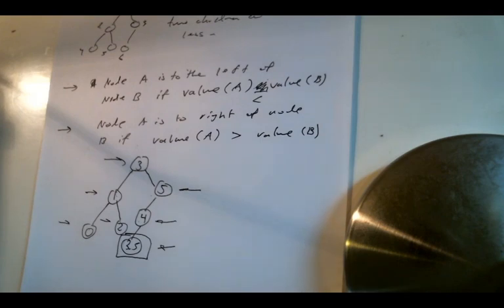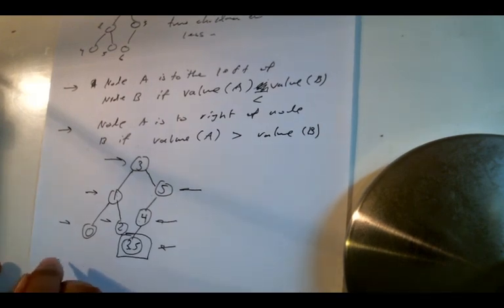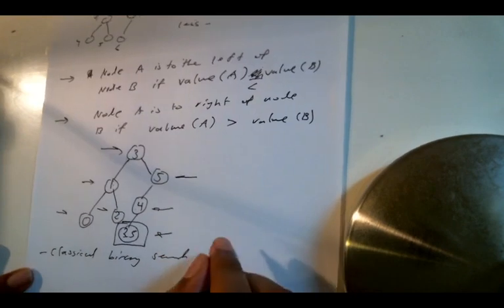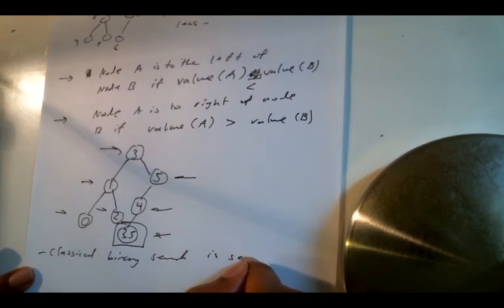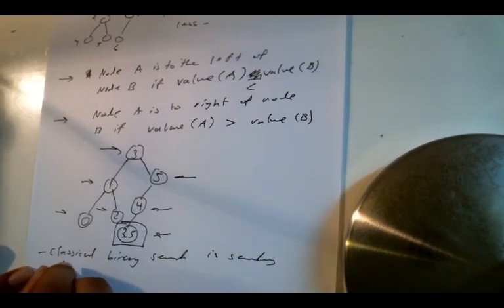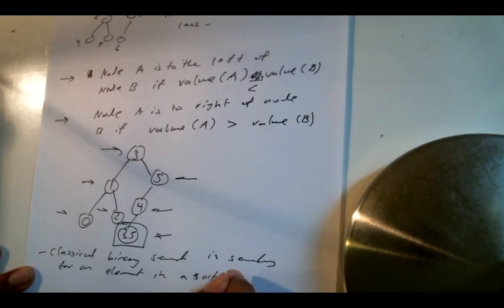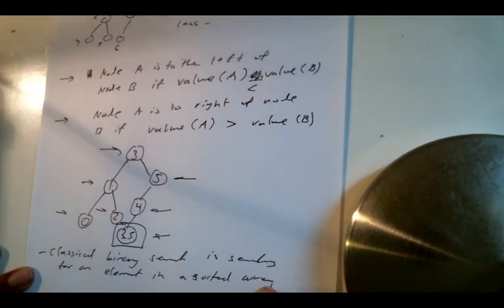So what binary search is, the classical binary search, is searching for an element in a sorted array, right?